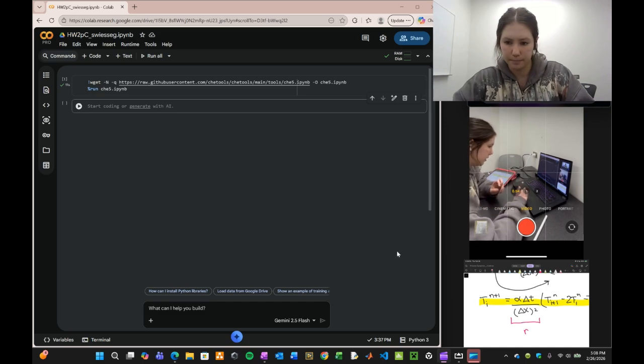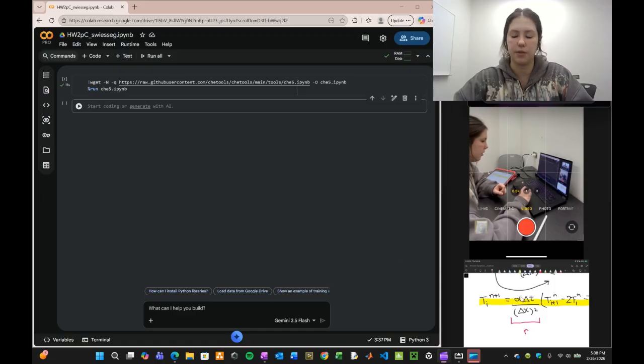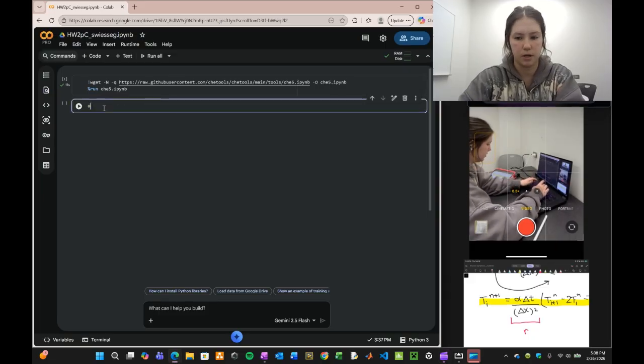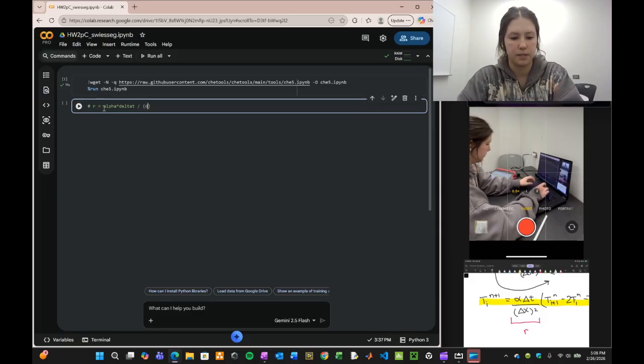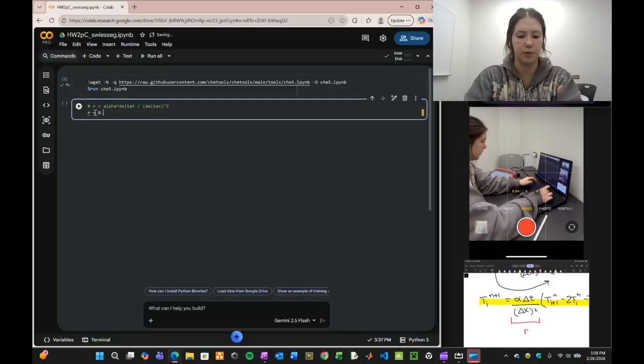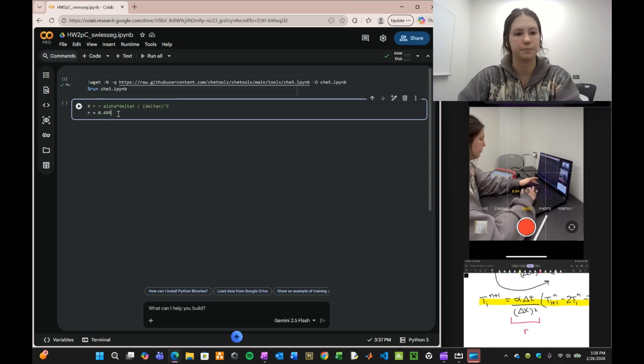So down here, I forgot to mention in the last clip, but we are going to call this term here R. So we can remind ourselves what R is right here. R is equal to alpha times delta T divided by delta X squared. But we will define it as 0.499 for right now.